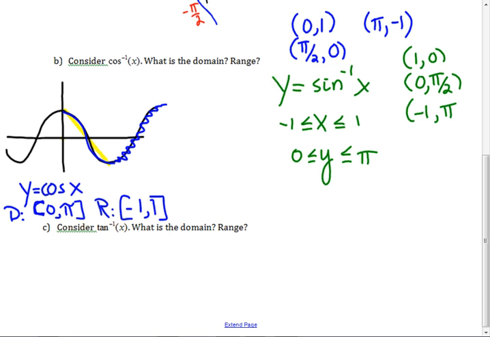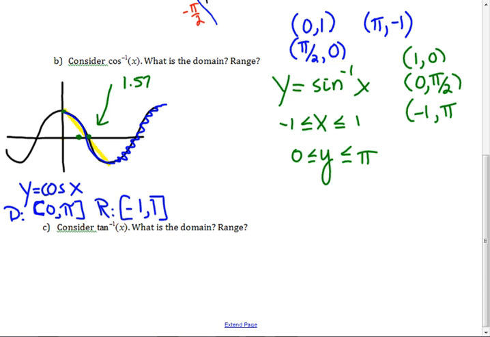So 1, 0. Now this is where? That's pi over 2, right? About, well, how big is that? It's 1.57. So I'm going to go to 1, which is here, and that's 0. Then when x is 0, y is pi over 2. Well, this is just 1.